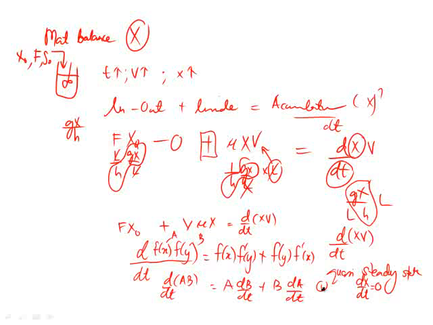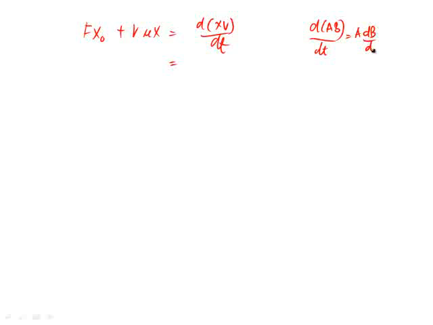Can I go to the next slide? So we rewrite V mu X equals d of XV over d time. We solve the right hand side using the product rule: d of AB over d time is A dB over d time plus B dA over d time.